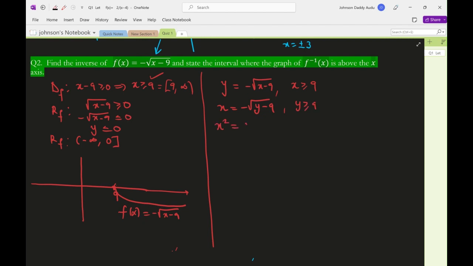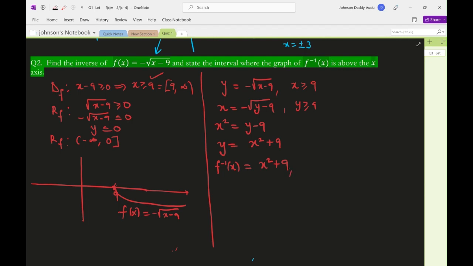If you square both sides, you have x squared is y minus 9. And then you can have y equals x squared plus 9. So y, which is nothing but f inverse of x, is equal to x squared plus 9.